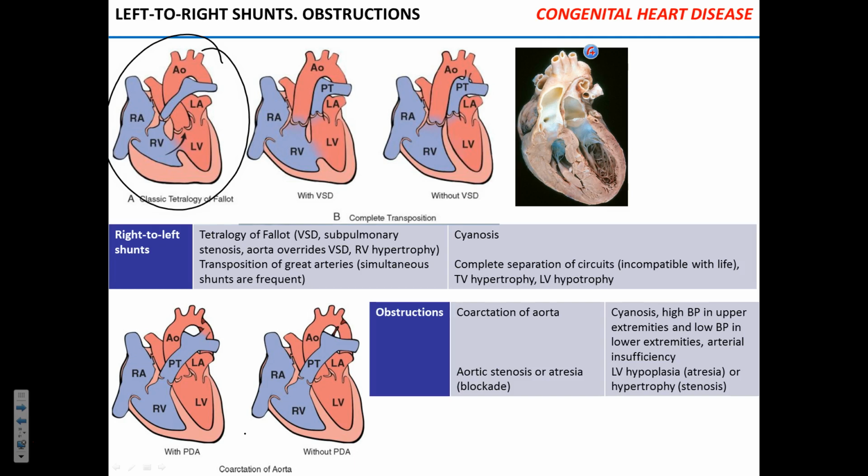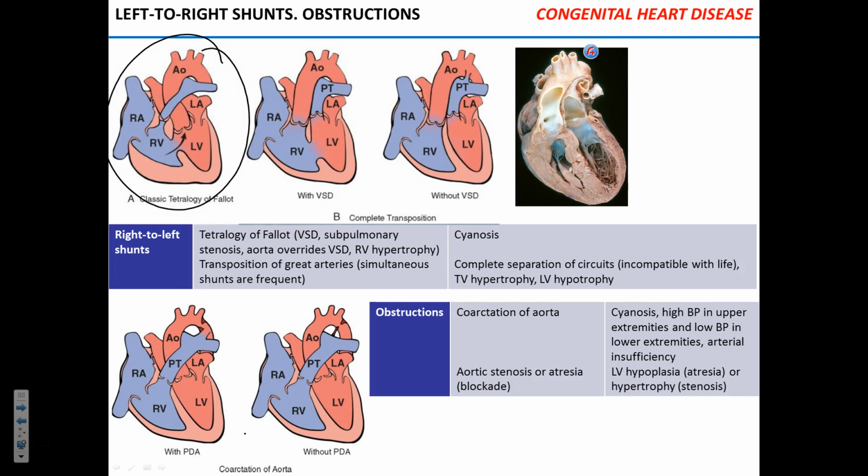Maybe there is an incomplete closure of the interventricular septum. And what are they going to do? They're going to wait. Because in many kids, the foramen ovale or interventricular septum close completely, 100%, later in life. Does that make sense?